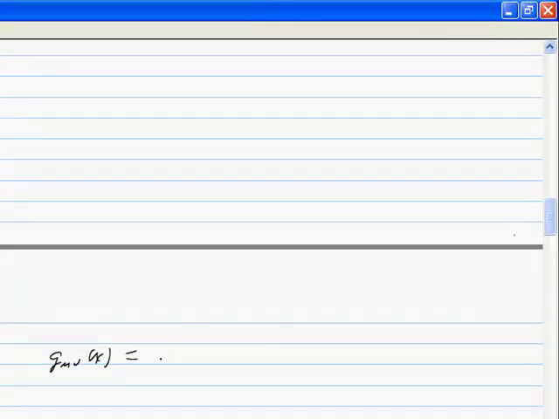So the new coordinates will be, I'll call them zeta, d zeta A over dx mu, d zeta B over dx nu, eta AB.